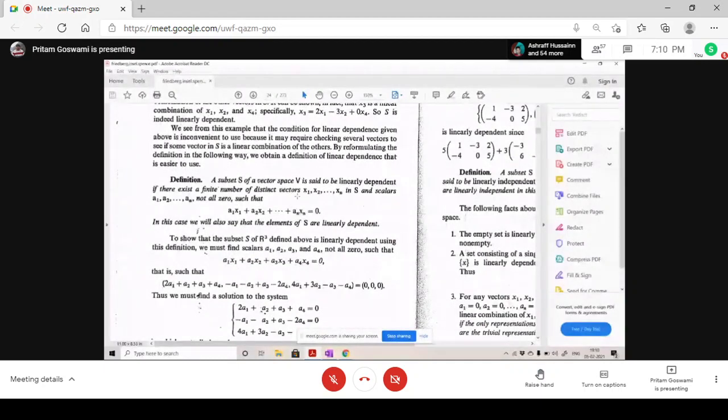Yes, sir. Okay. Now look, V is a vector space and a subset S is given of that vector space, right?